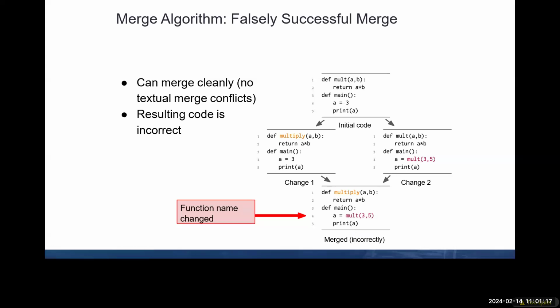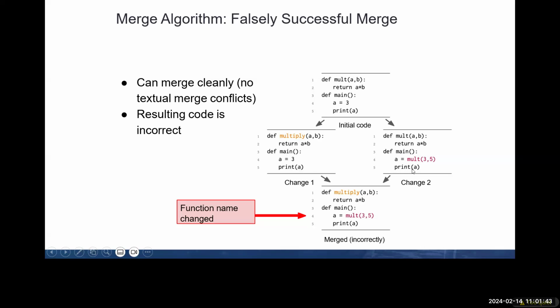So here it is merged incorrectly. The function name changed, and this can merge cleanly, with no textual merge conflicts, but the resulting code is incorrect. Because if we push this code to the final repository, it will be printing 3.